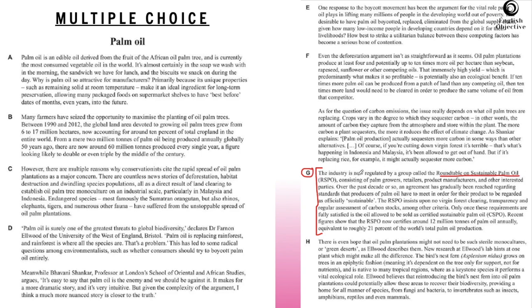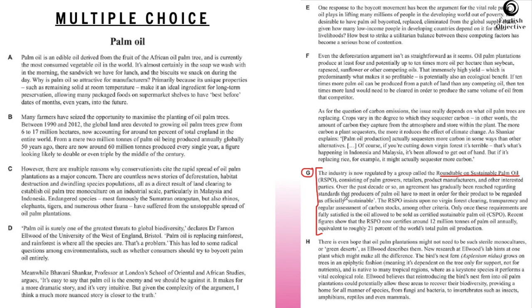Industry is now regulated by a group called the RSPO, consisting of palm growers, retailers, product manufacturers, and other interested parties. Over the past decade or so, an agreement has gradually been reached regarding standards that producers of palm oil have to meet in order for their product to be regarded as officially sustainable.